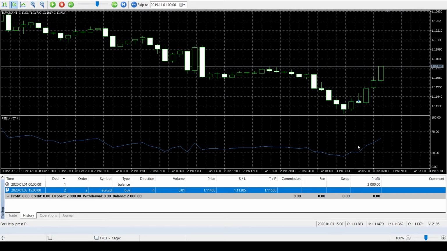Okay, the idea is it will only access the previous hour RSI, and if it's above our defined low level, which is 30 right now for the RSI, and the hour before is below our defined low level, then it will open a long trade.